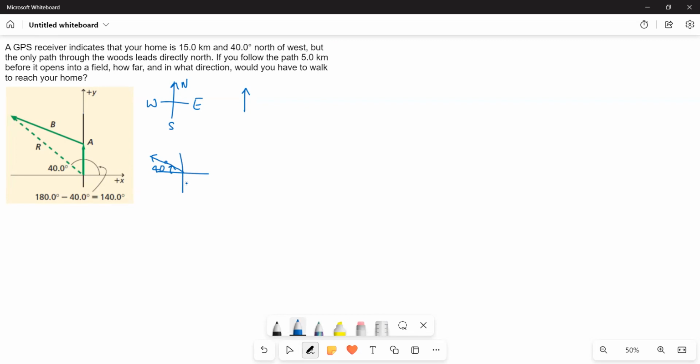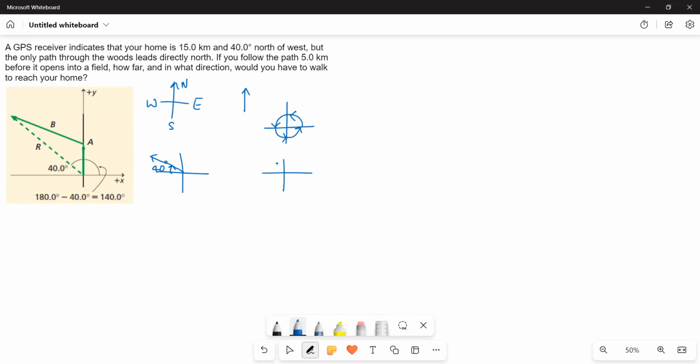But we always measure angles in this way. These are all positive. If we measure the angles like this, that means counterclockwise, the angles are positive.